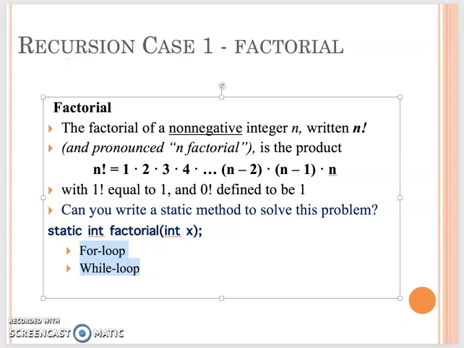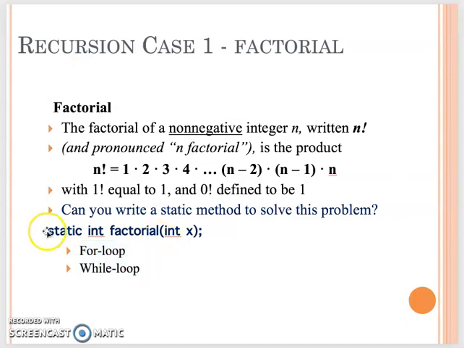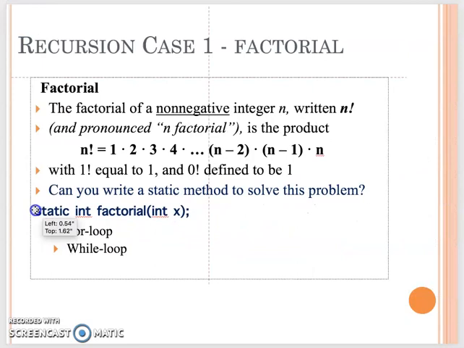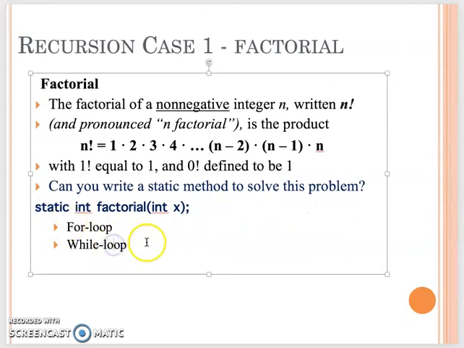Now the first thing I want you to do is pause this video. Can you write a function called factorial? You pass in the value x, you return the factorial. I want you to write either a for loop or a while loop. After you finish, you can continue the video.